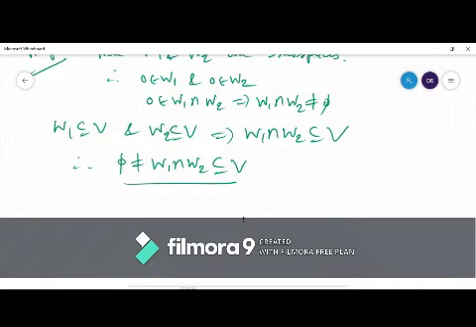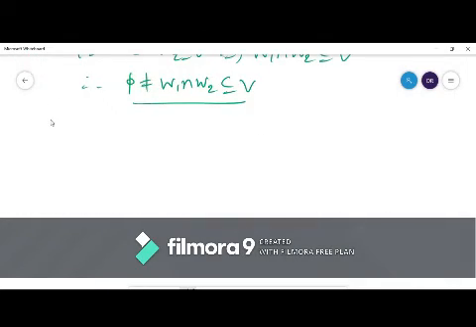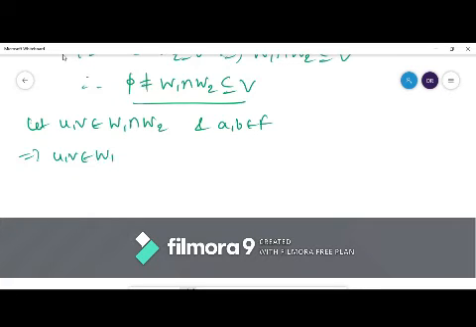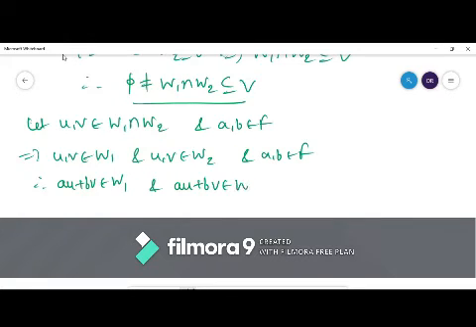Now we prove that this intersection is a subspace. For this, let U and V belong to W1 intersection W2 and A and B belong to F. This implies U, V belong to W1 and U, V belong to W2, and A and B belong to F. Because W1 and W2 are two subspaces, therefore AU plus BV belongs to W1 and AU plus BV belongs to W2.